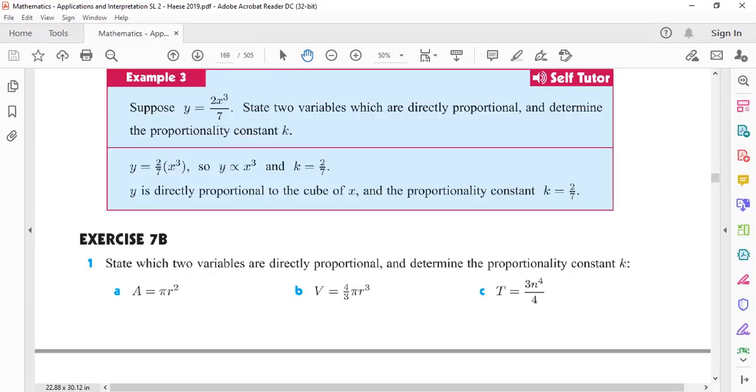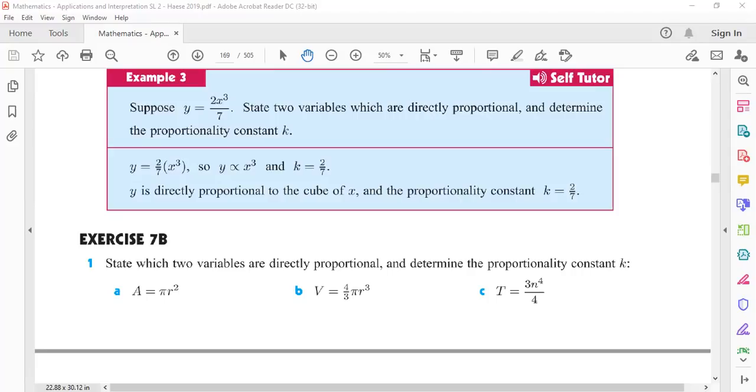1C. Okay. What is constant? Is it 3 upon 4?